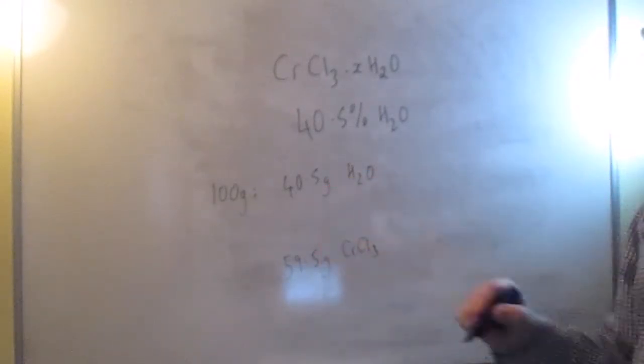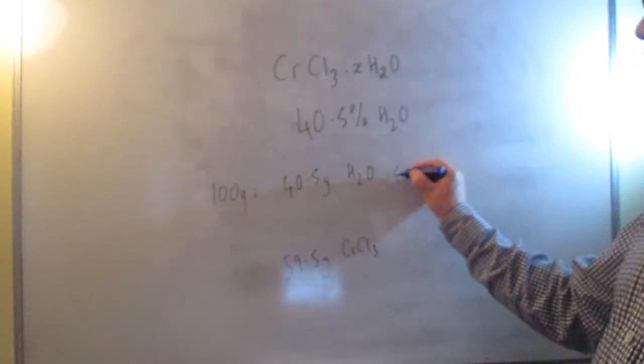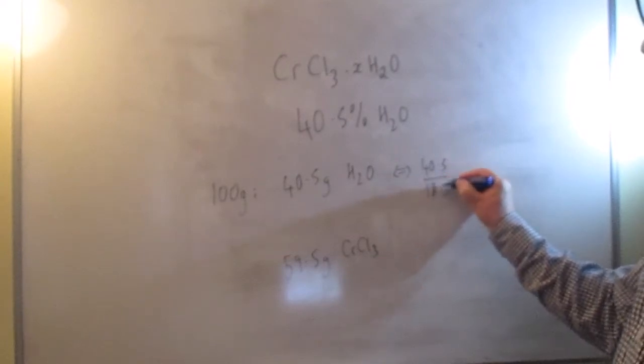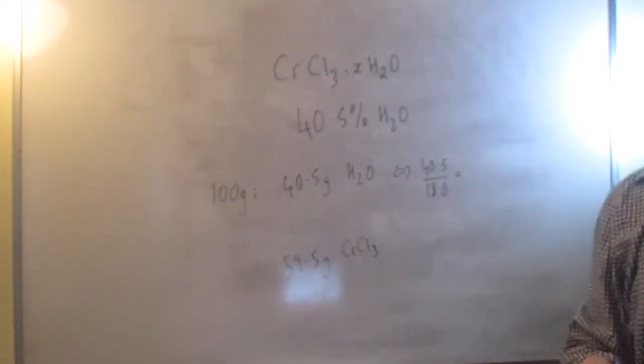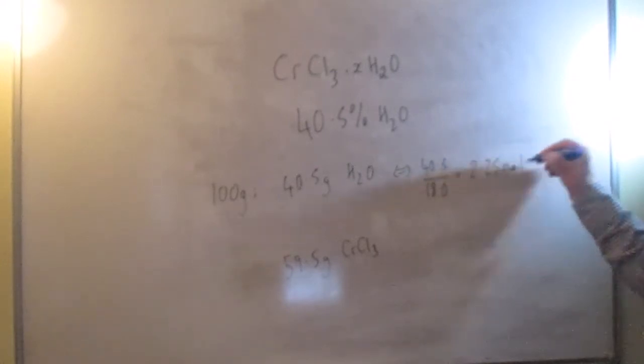And of course we can just turn those two masses into moles. So 40.5 divided by 18 will give us the moles of water, which is 2.25 moles.